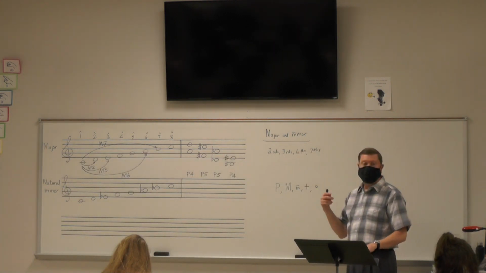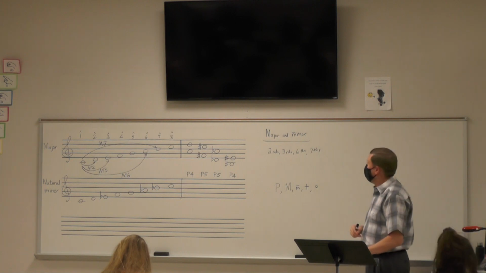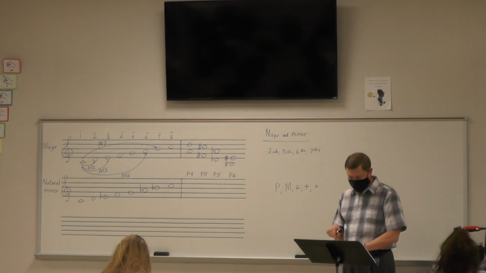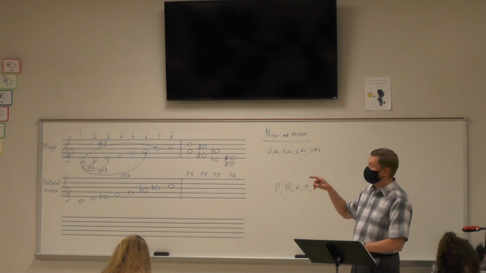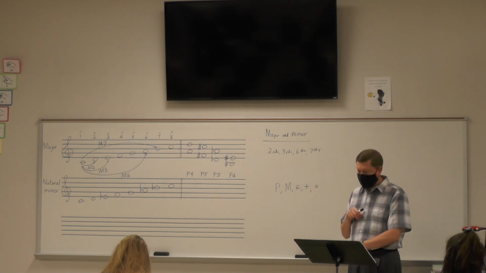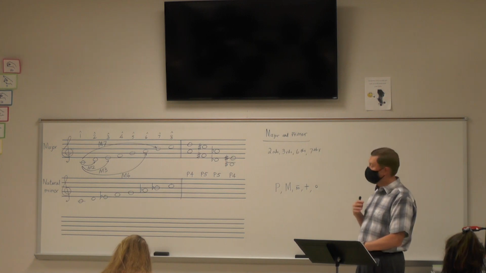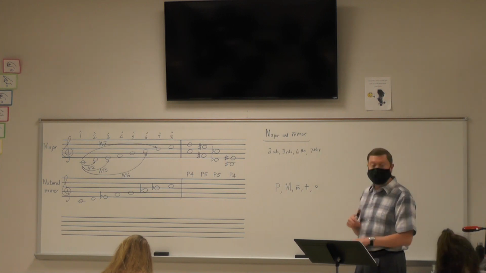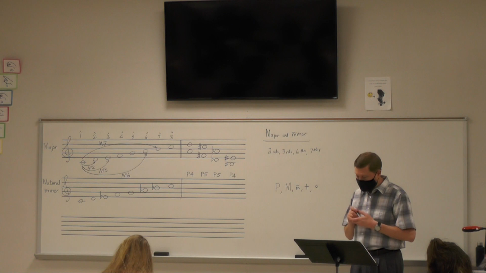So as with perfect intervals, if we consider the bottom note of an interval as scale degree 1 of a major scale, we can build and recognize major intervals by thinking of the appropriate scale degree.